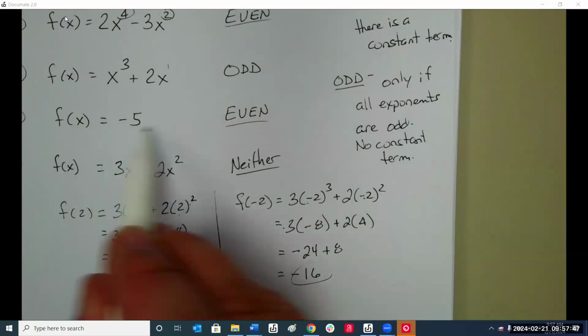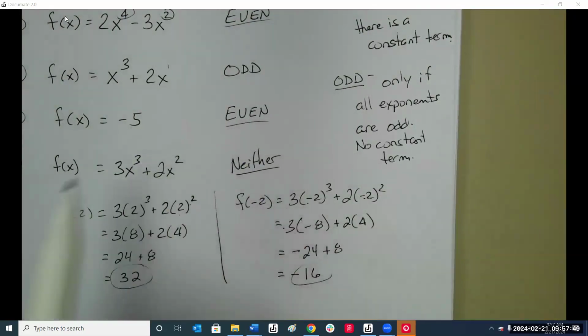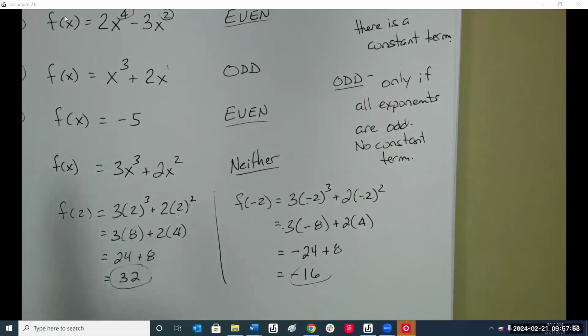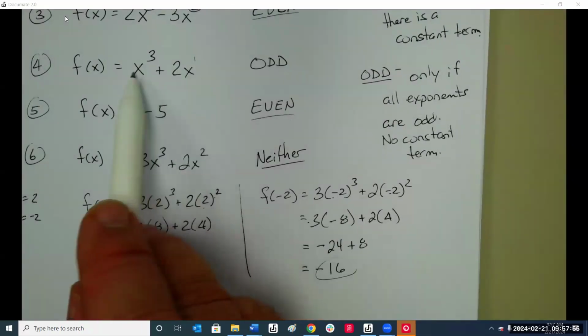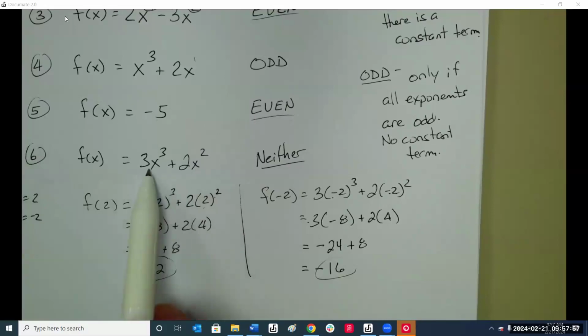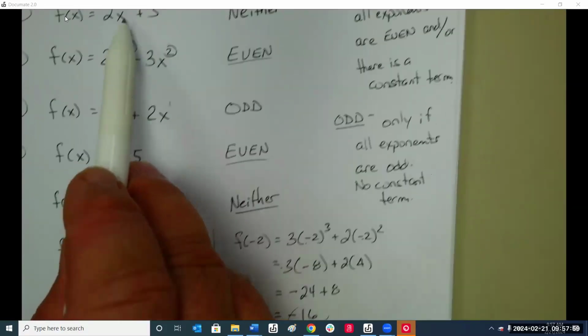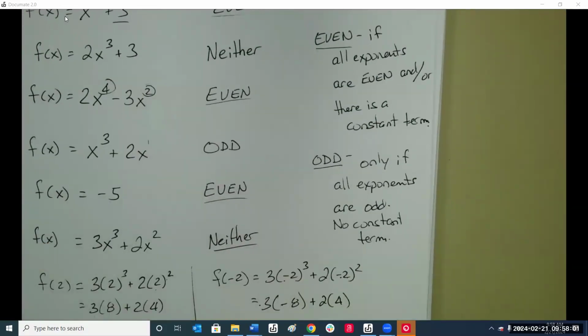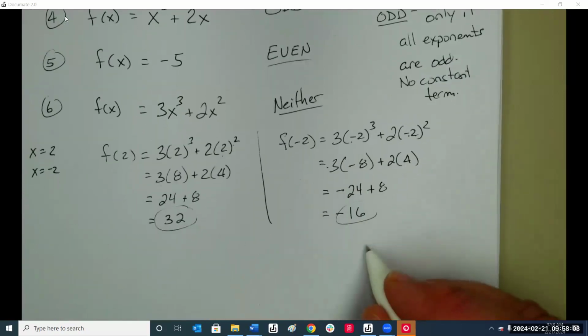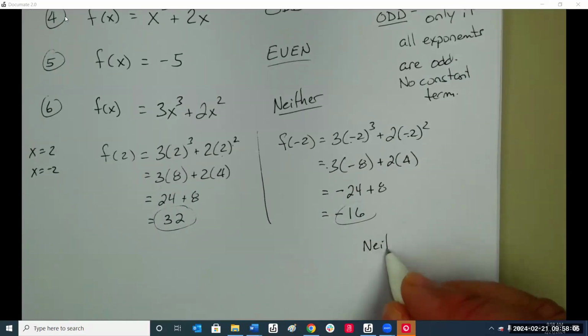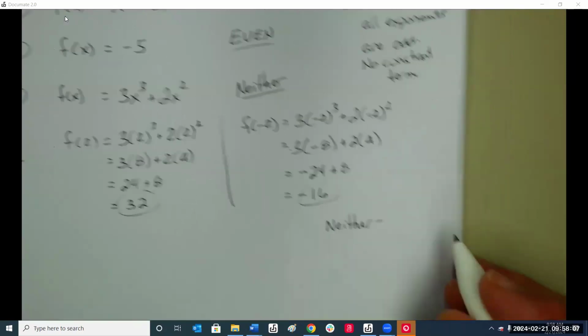But constant numbers are always even. So they can only match with even exponents. Odd exponents only can match with odd exponents. They cannot match with even exponents, or they cannot match with constants.